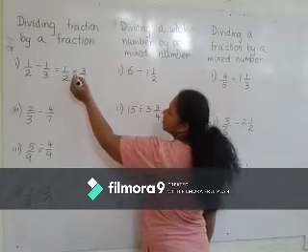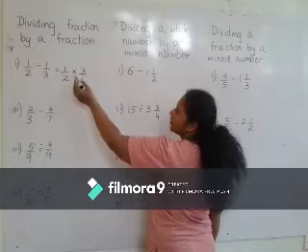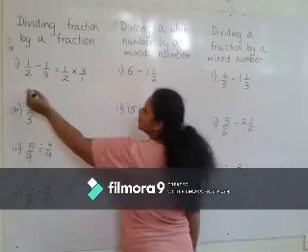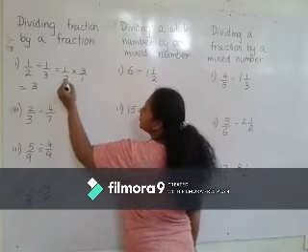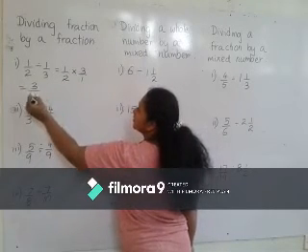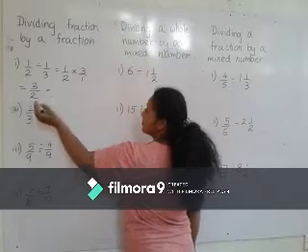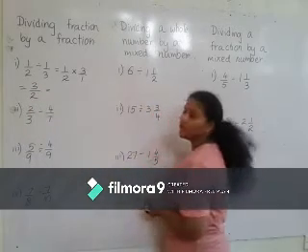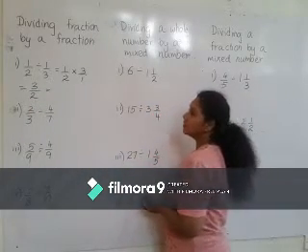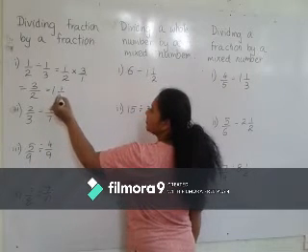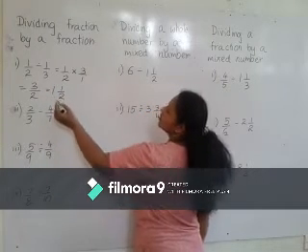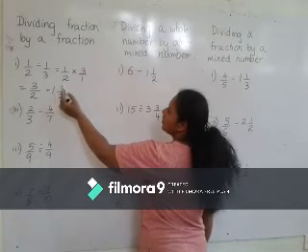Numerator multiplied separately, denominator multiplied separately. So 1 times 3 is 3. 2 times 1 is 2. Then this one is an improper fraction, so we have to make it into a mixed number. There is one group of 2, then 1 remains, the denominator 2. So 1 and a half.